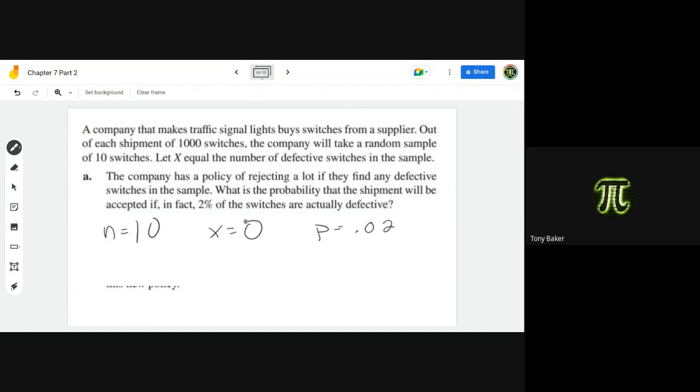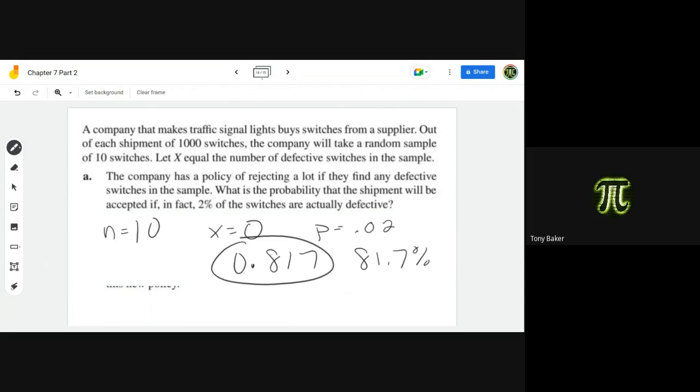So N is 10, X is 0, and my probability is 0.02. So we got 0.817. So there's an 81.7% chance that the shipment will be accepted.